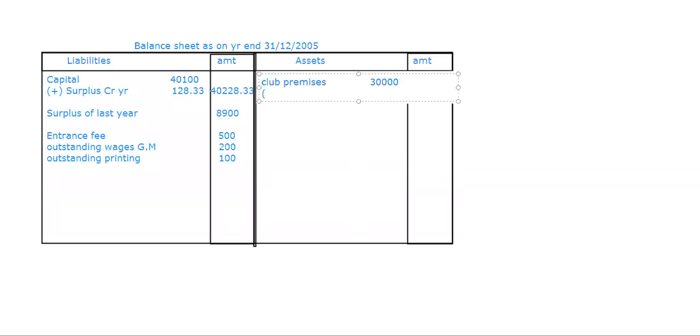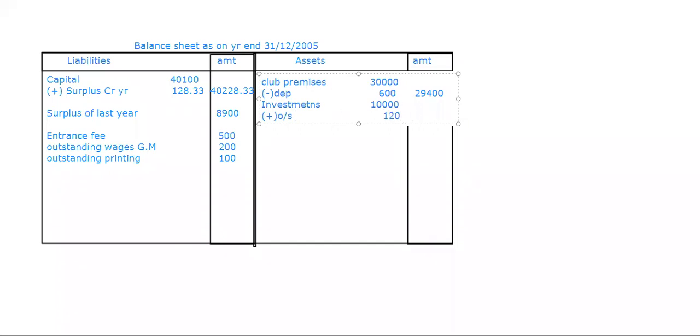Minus depreciation, 600 we subtract. So how much comes? 29,400 comes. Then we have investments. Investments we had at 10,000. Then we need to add the current year outstanding, which is 120.